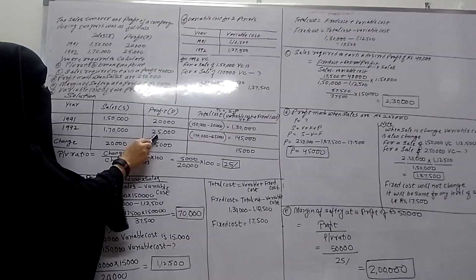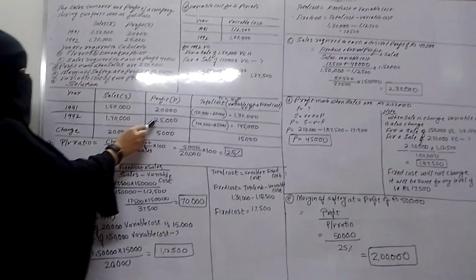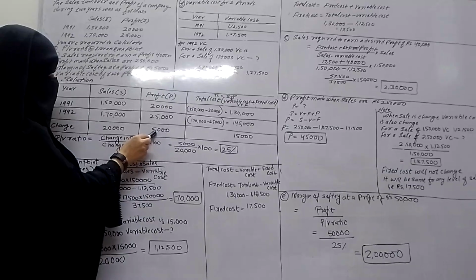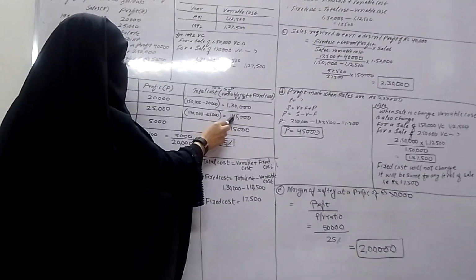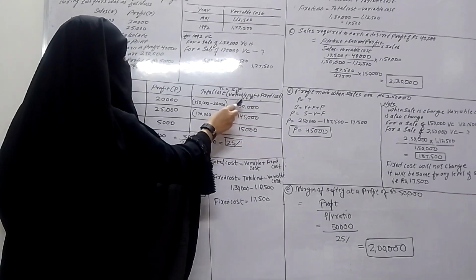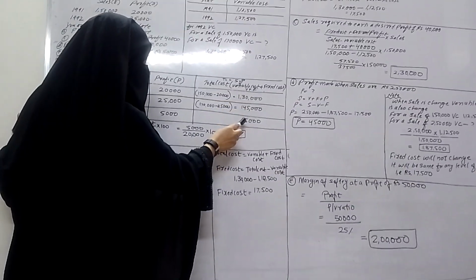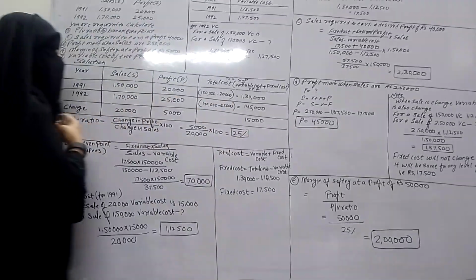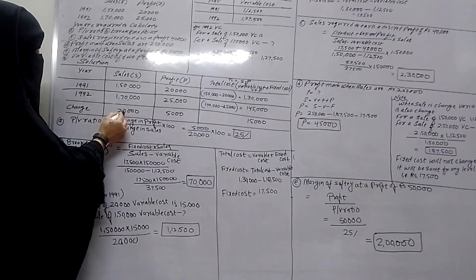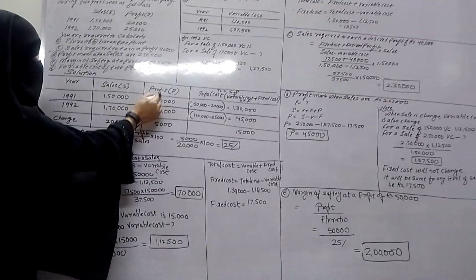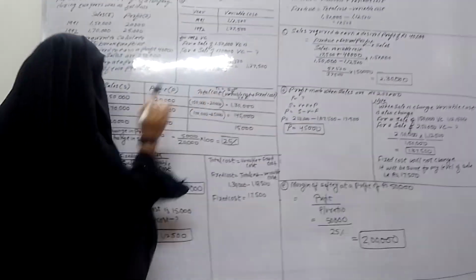Profit in 1992 is 25,000 and in 1991 it is 20,000, so the difference is 5,000. From the total cost 1,45,000 in the second year, subtract the total cost of 1991, that is 1,30,000. The difference is 15,000. Now we have the change: change of sales 20,000, change of profit 5,000, change of cost 15,000.